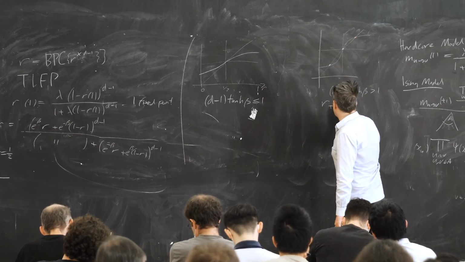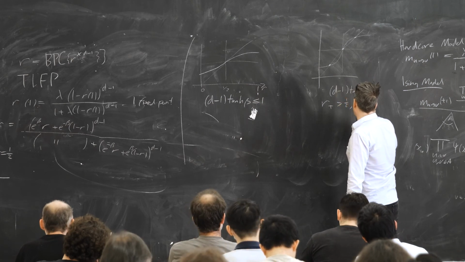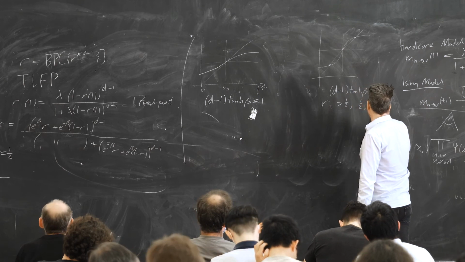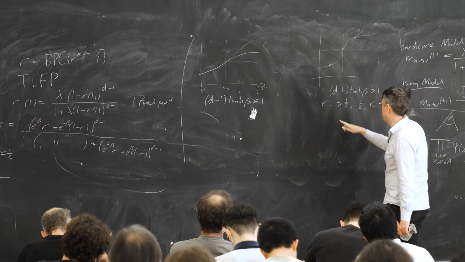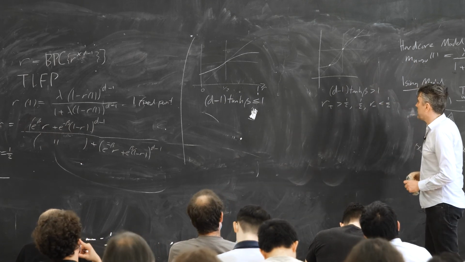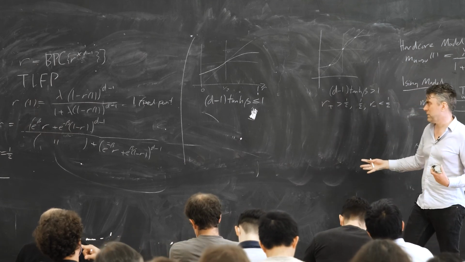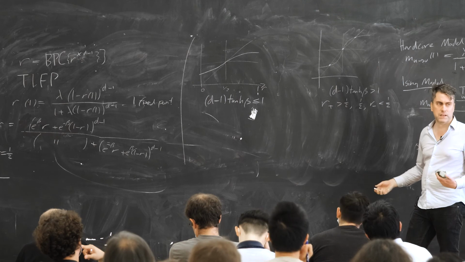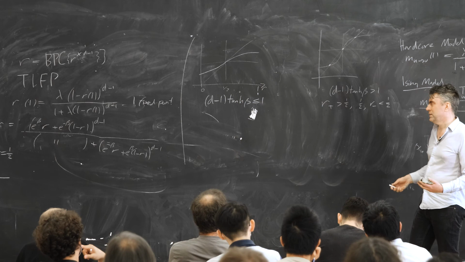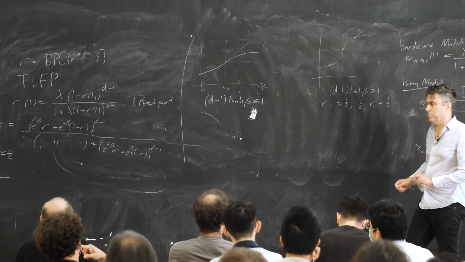So R plus, greater than a half, 1/2, and R minus, which will be less than a half, and by symmetry, R plus and R minus will add up to 1. Okay, and so each of these solutions corresponds to a solution of the BP equations, so they each correspond to a translation invariant Gibbs measure.